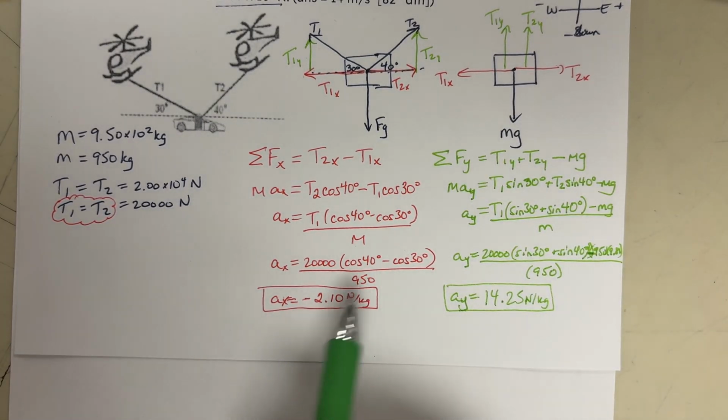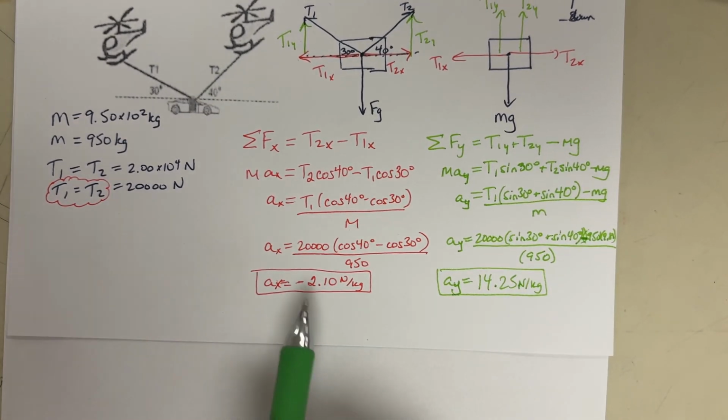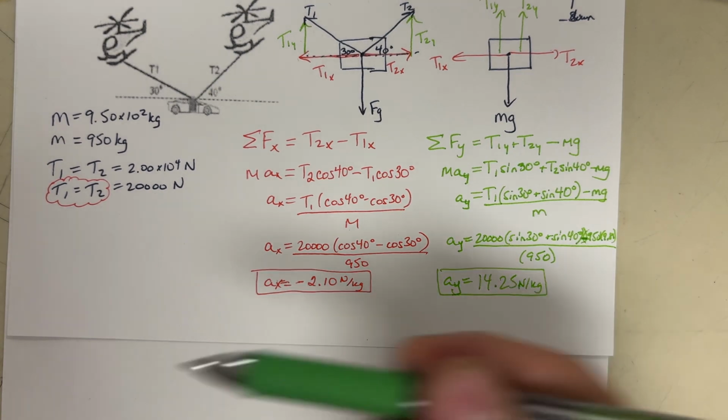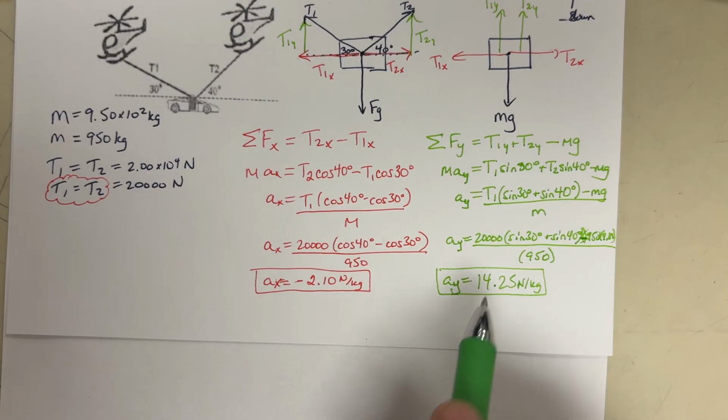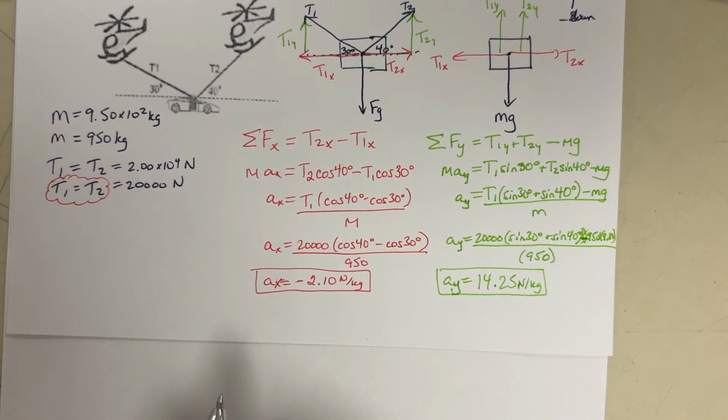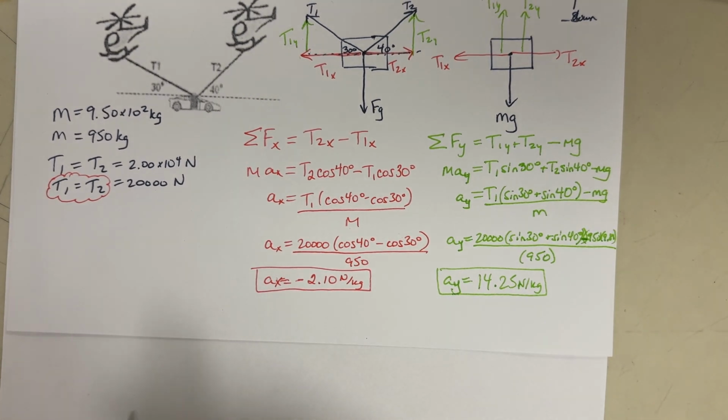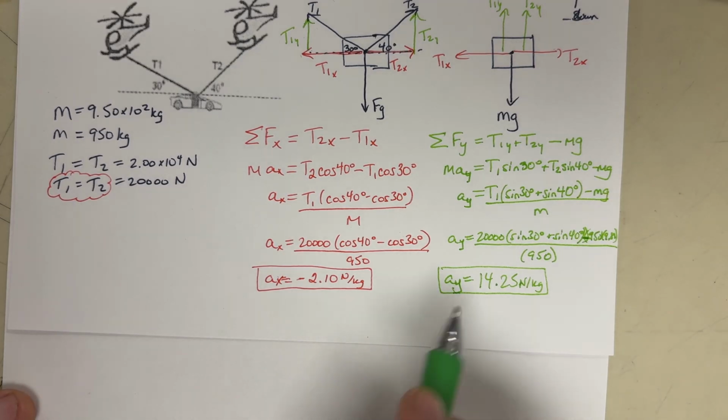Okay, so assuming I put all this in my calculator, I got an acceleration in the x component of negative 2.10, which means it's going to the left, or what I've denoted as west. And then acceleration in the y is going up 14.25 newtons per kilogram. So now we have those components.